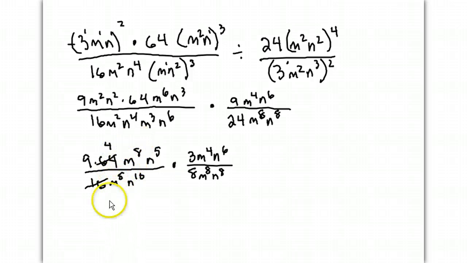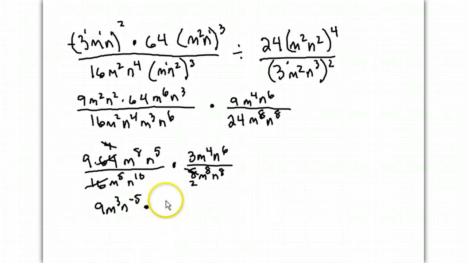And so when I look at it, I still have 9 times 4. Well, 4 will go into 8 2 times. So what I have is a 9. When I look at m to the 8 divided by m to the 5, that's m to the 3. n to the 5 divided by n to the 10, that's n to the negative 5.